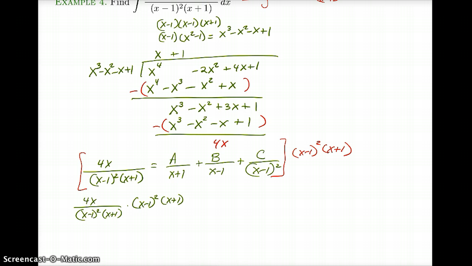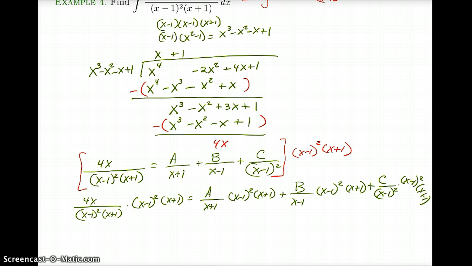And that is equal to A over x plus 1 times x minus 1 squared times x plus 1 plus B over x minus 1 times x minus 1 squared times x plus 1 plus C over x minus 1 squared times x minus 1 squared times x plus 1. Okay.